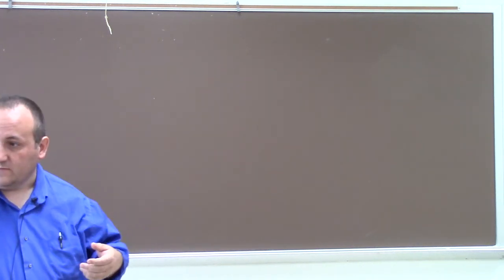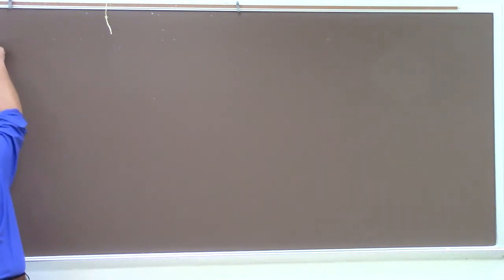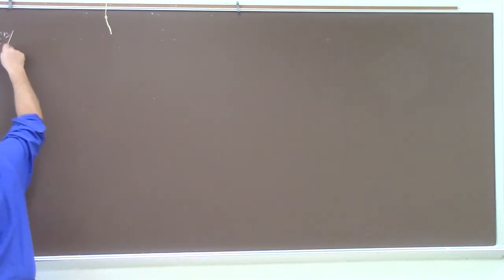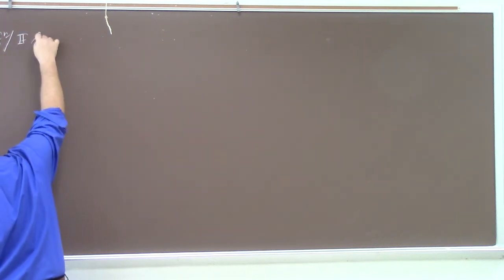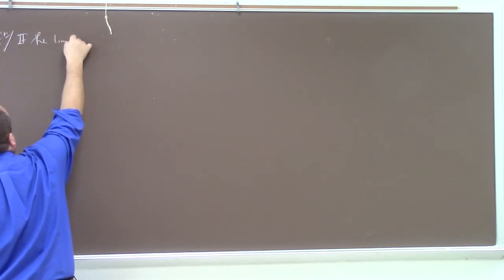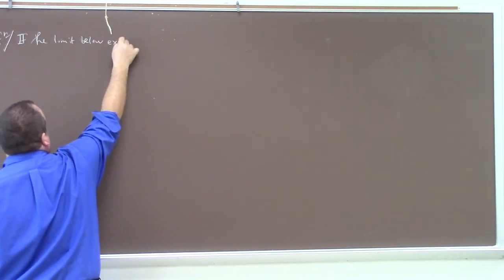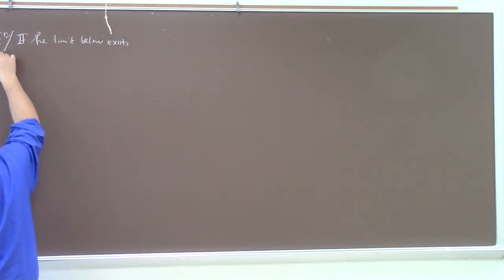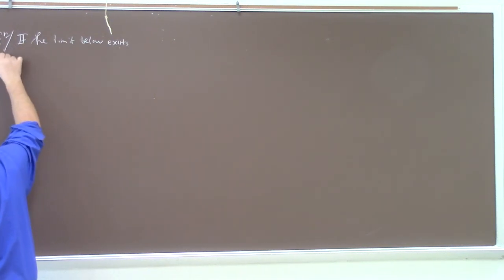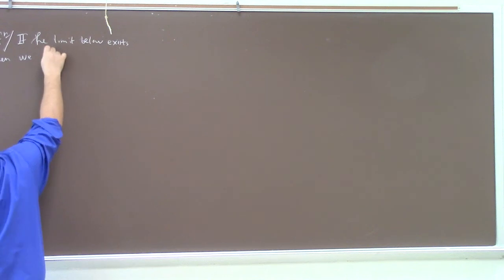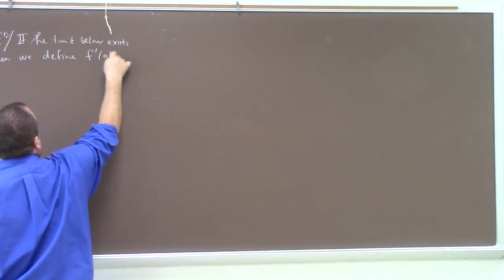And the tangent line, remember that? So let me just put it up here. Definition. If the limit below exists, then we define f prime of a as follows.